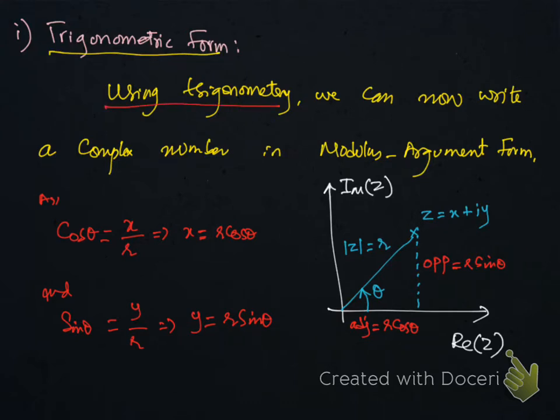We can now write a complex number in modulus argument form. So let's suppose this is the complex number x plus iy in the first quadrant. This is the modulus of the complex number, represented by r here, whereas the argument is represented by theta.